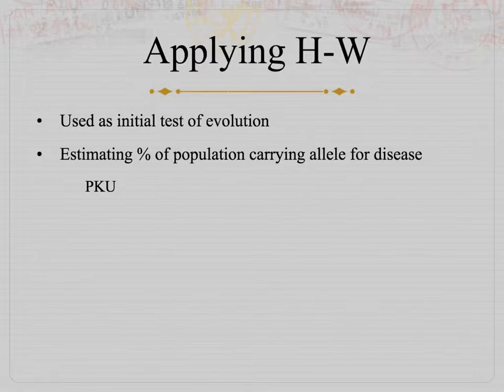If we apply the Hardy-Weinberg principle to it, we would expect that about 2% of the population would carry this PKU allele, and that's actually what we do see because there is not much evolving or changing happening in the U.S. population.